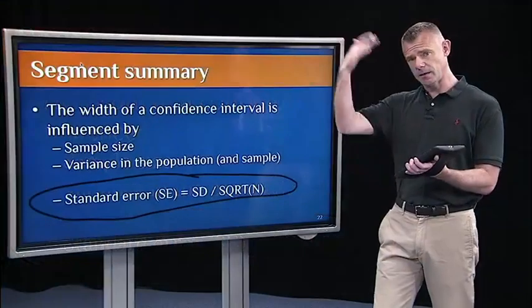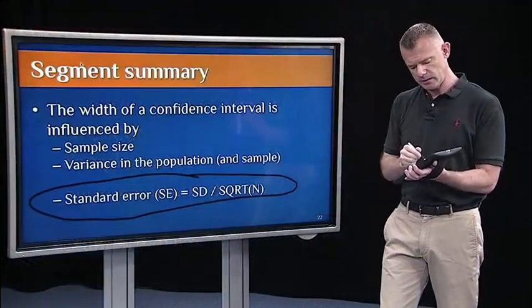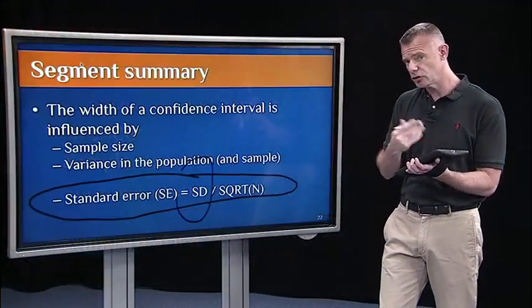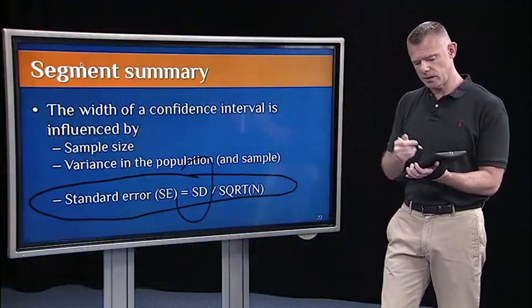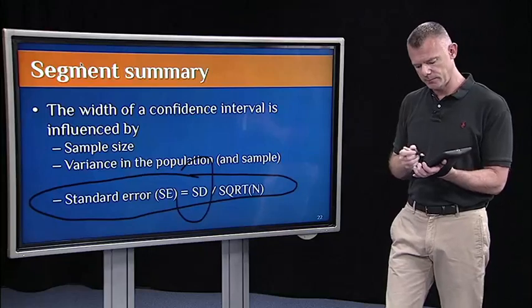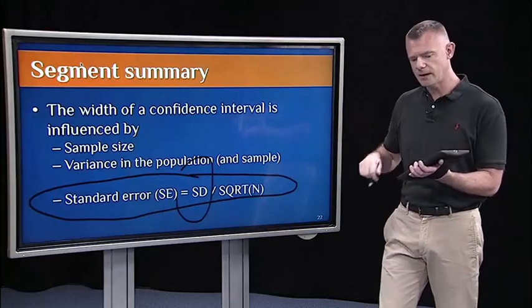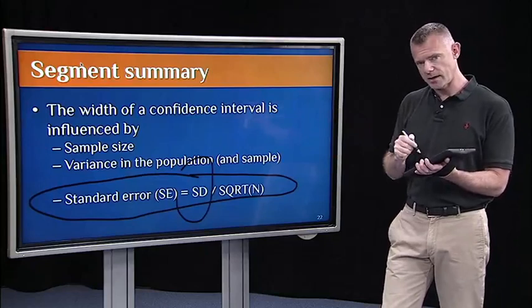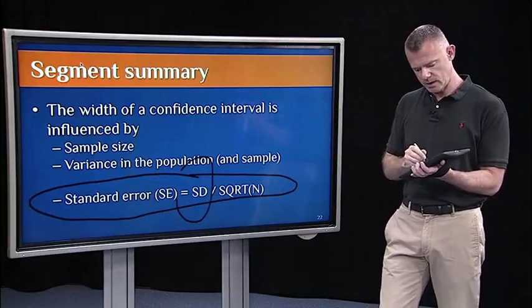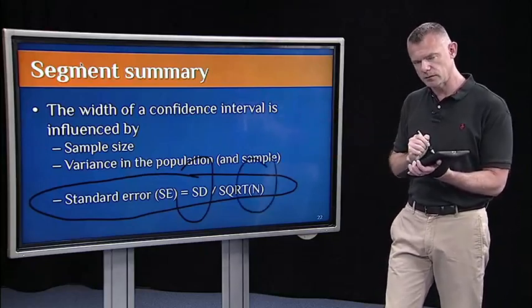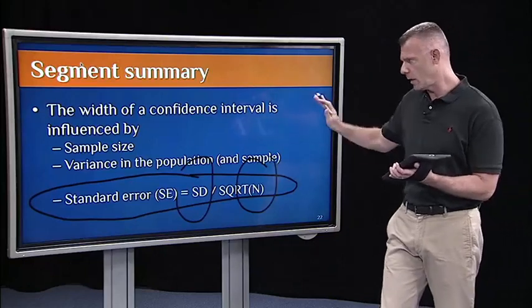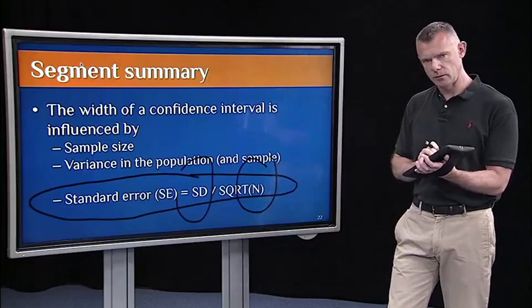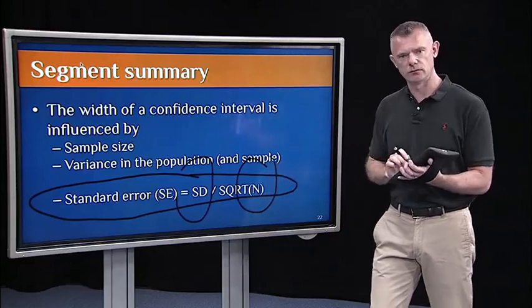So as variance in the population goes up, standard deviation in my sample should go up if I'm getting a good estimate. So if standard deviation goes up, standard error goes up. And as I've said repeatedly now, if sample size goes up, then the denominator of standard error goes up, so standard error is going to go down. Okay, so the width is going to depend on those two elements and put together just standard error.